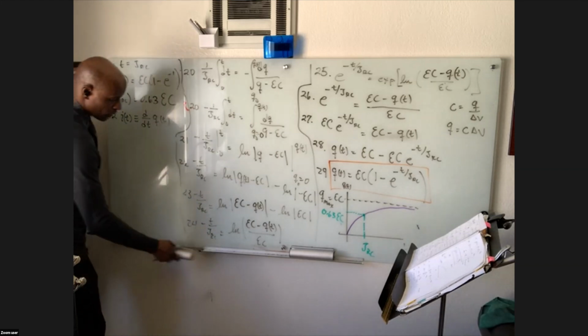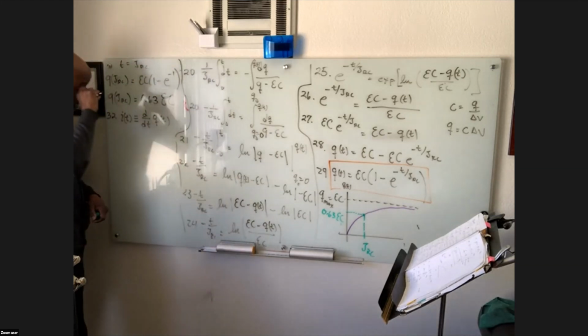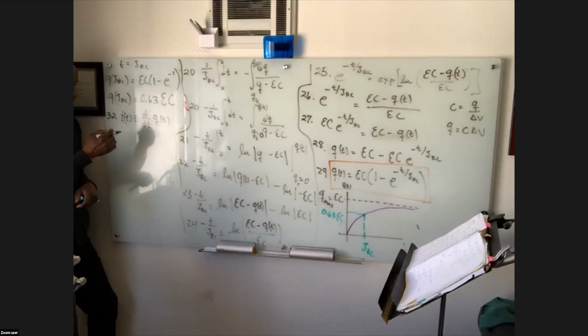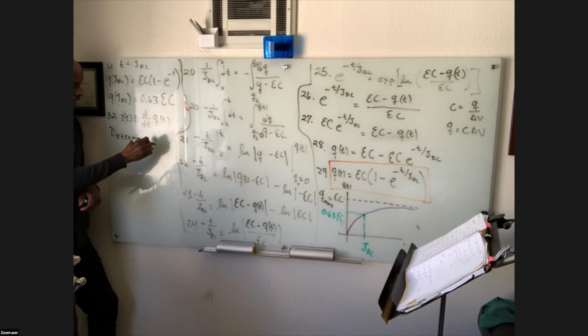I'm going to have you do that over the break. So I want you to take the derivative, find the current in this circuit where the capacitor is charging, so determine I of t.